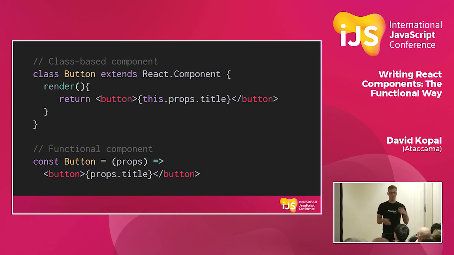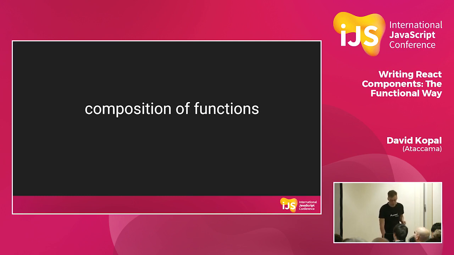It is a function that takes props object and returns the tree of React elements. Of course, it can also return a component, but we will talk about it later. So not only is React a composition of components, it's a composition of functions, and that sounds awfully like functional programming, doesn't it?